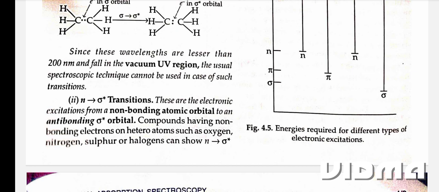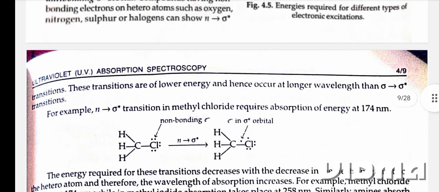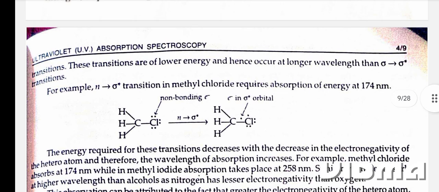N to sigma star transitions. These are the electronic excitations from a non-bonding atomic orbital to an antibonding sigma star orbital. Compounds having non-bonding electrons on heteroatoms such as oxygen, nitrogen, sulfur or halogens can show n to sigma star transitions. These transitions are of lower energy and hence occur at longer wavelength than sigma to sigma star transitions.